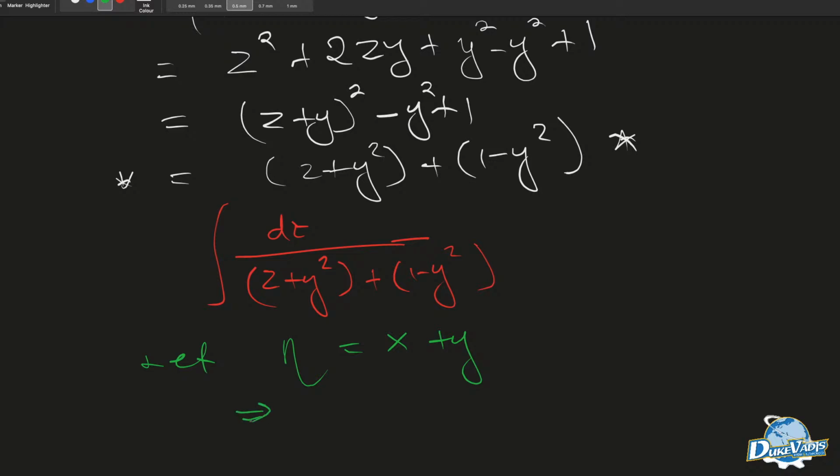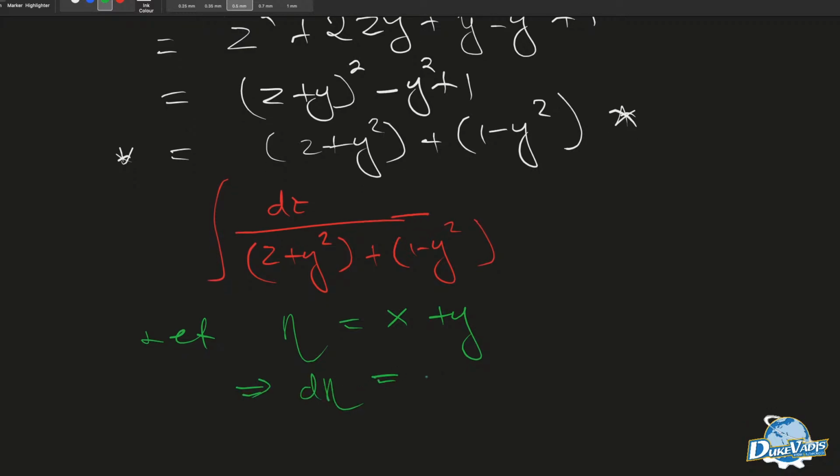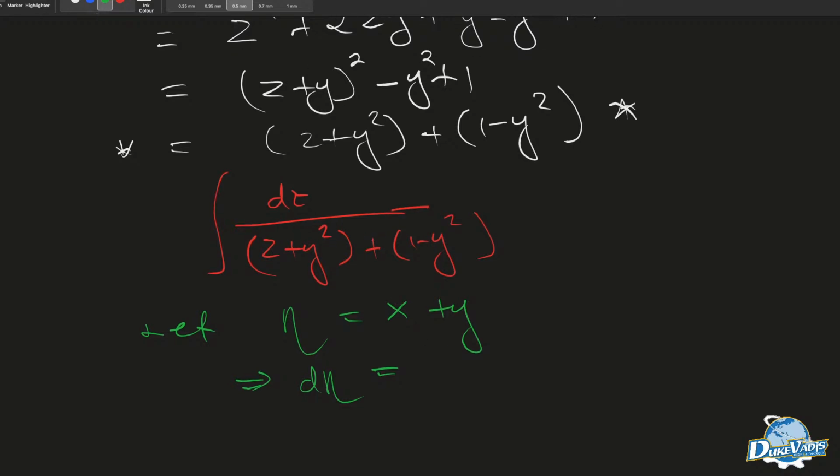So when we differentiate, the dxi will give us dz, since z plus y is what we have in the denominator.